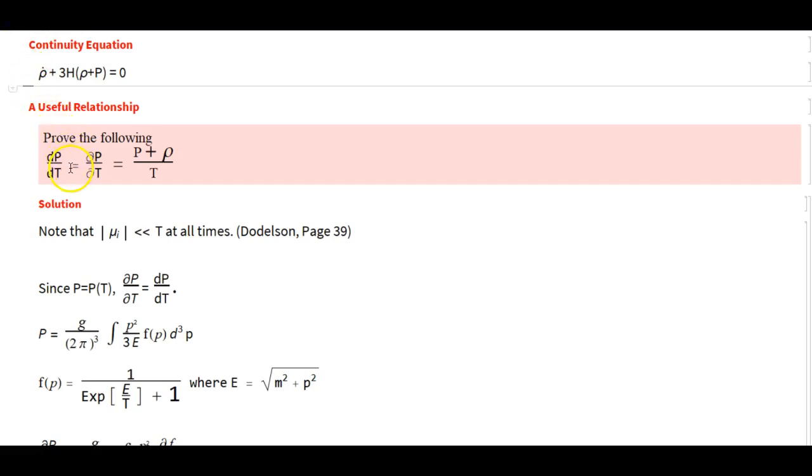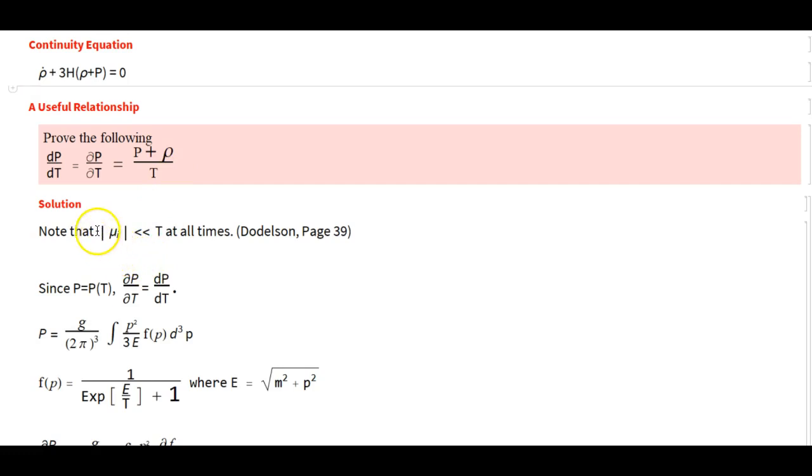The next useful relationship which we are going to look at today is dP/dT, where capital T is temperature, which is equal to the partial derivative of P with respect to temperature, which is equal to (pressure plus density) divided by temperature.